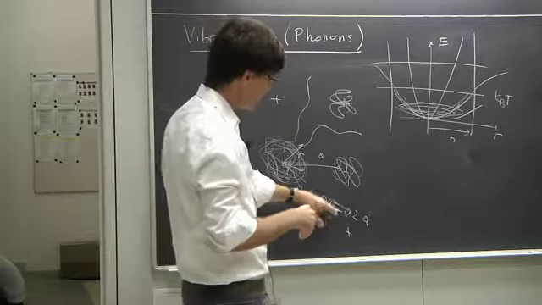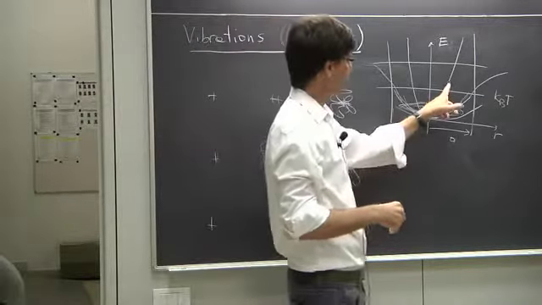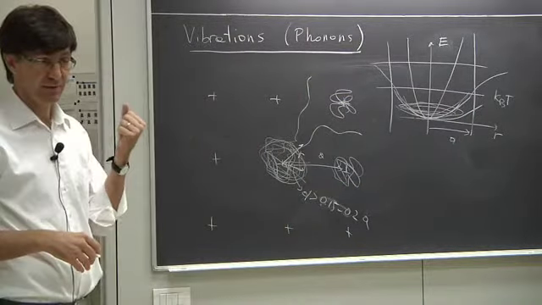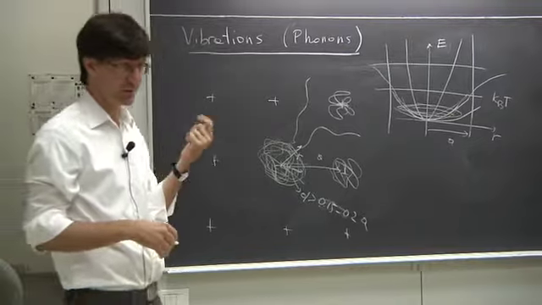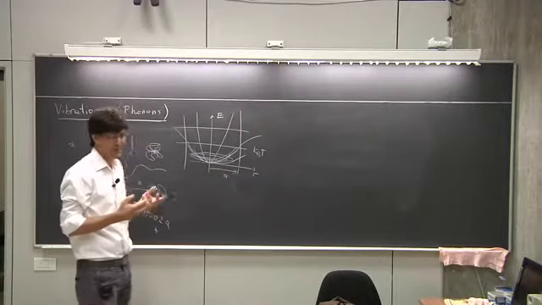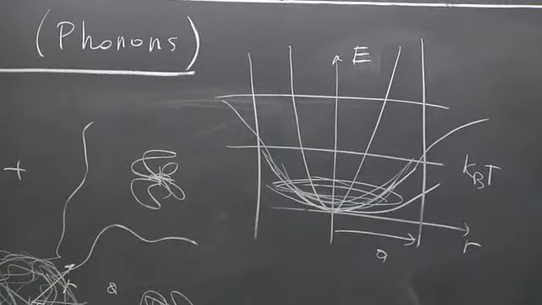So if this rule is valid, we can conclude that the stiffer is the potential, the higher will be the melting point. The higher will be the temperature at which the system will melt. And this is, in fact, well, it's probably obvious to state.